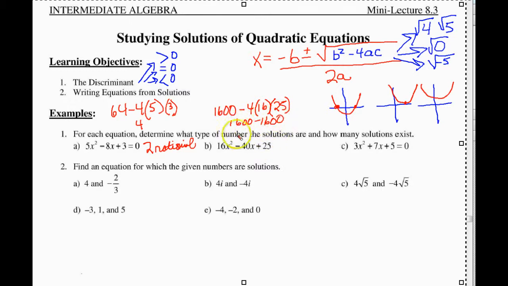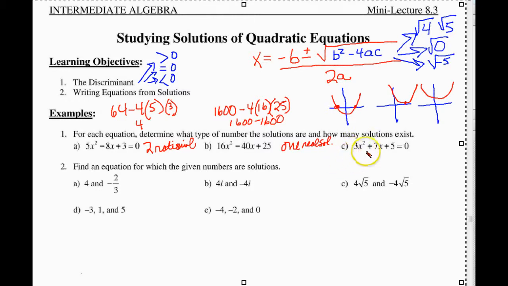So in this case, our discriminant is a 0. Square root of 0 is 0, so you're only going to get one real number solution. That's this one. Okay, let's go on to this one now.